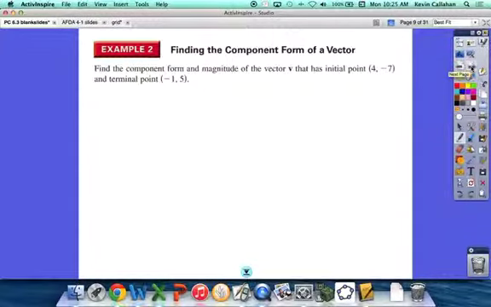So finding the component form of a vector, given an initial point and a terminal point, right? Find the component form of the vector. So, and we're using V, right? That's a bold V, so I'm going to use a V with an arrow on the top like that, right? Which is V1, V2, angled brackets, and now I'm going to subtract. It'll be, for the V1, let's see, the terminal point is -1 minus 4, comma, 5 minus -7.